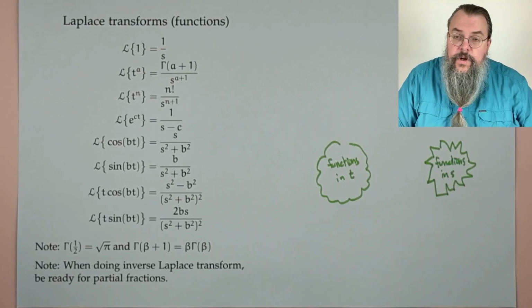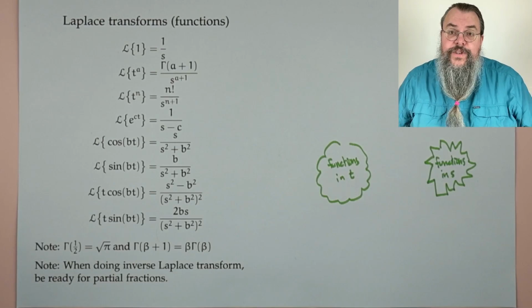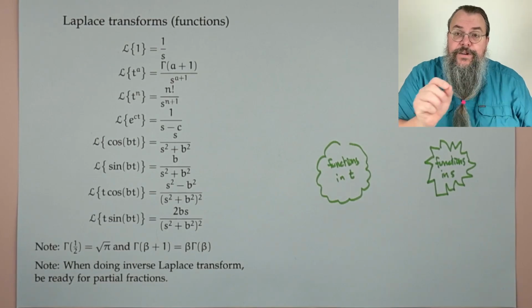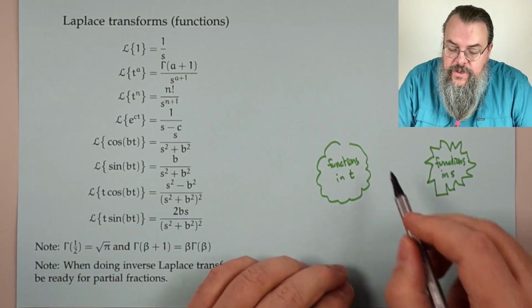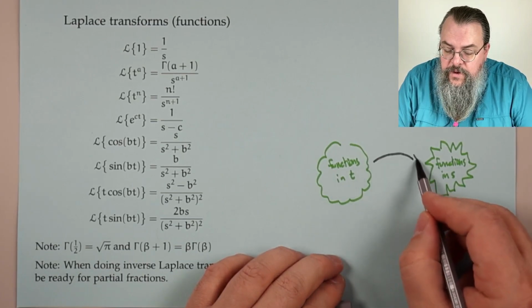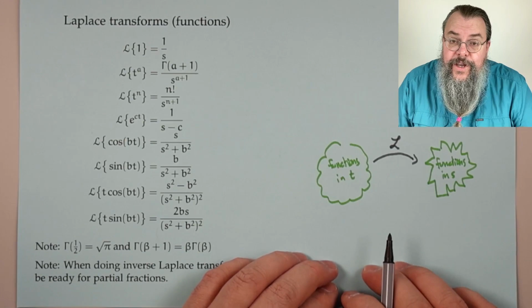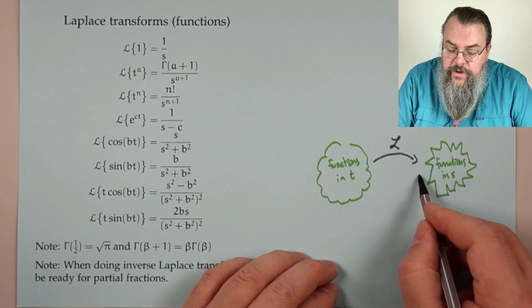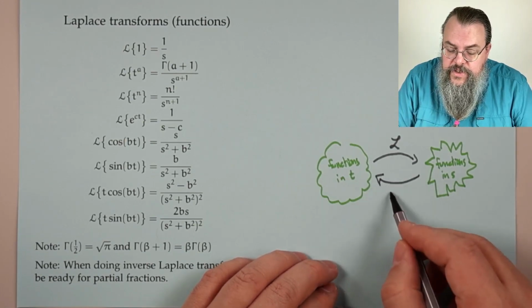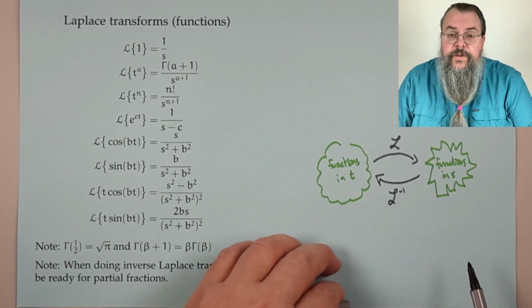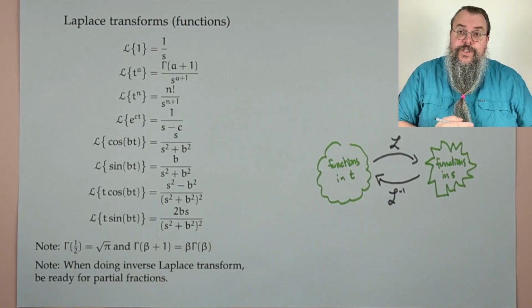So what are we going to do? Laplace transforms is a way to go back and forth. In particular, the Laplace transform goes from a function in t to a function in s. The inverse Laplace transform goes the other direction. Namely, you start with a function in s, and you end with a function in t.